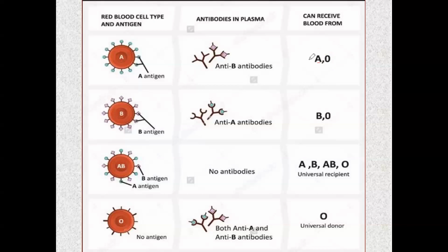Kasi compatible kayo. Parehas kayo ng antigen na meron and at the same time, meron din siyang anti-B. So, walang transfusion reaction na mangyayari. Next, bakit naman si O? Bakit naging pwedeng i-transfuse si blood type O kay A?